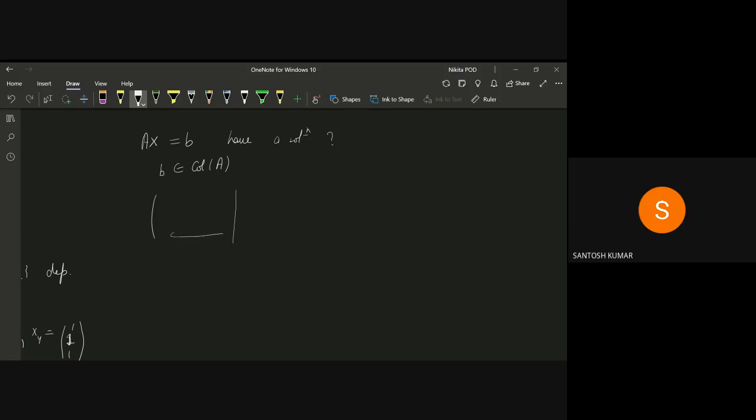Otherwise, the last row should not come out to be all zero with an arbitrary number in the augmented column, because that doesn't make sense. Whenever a situation like this happens, you can say the system does not have a solution and B does not belong to the column space.